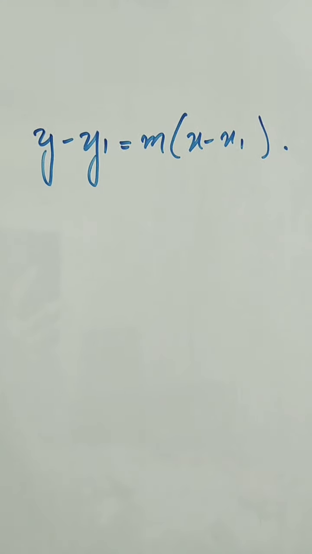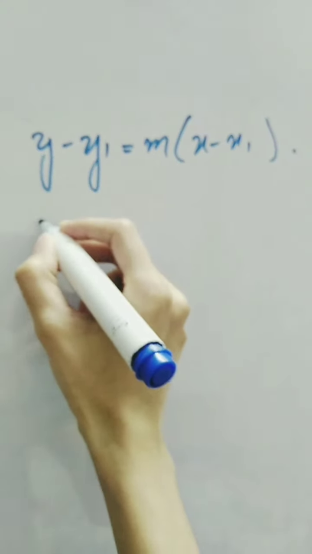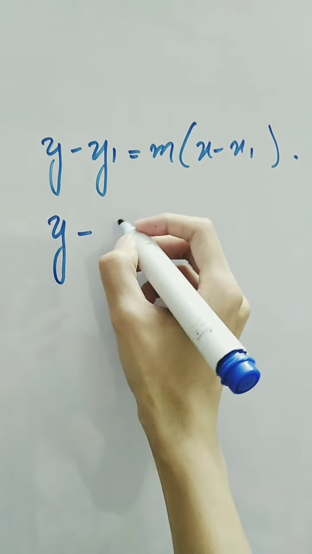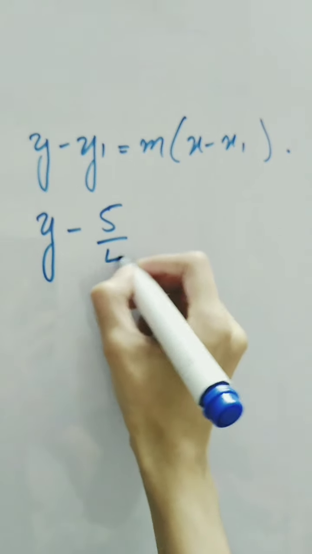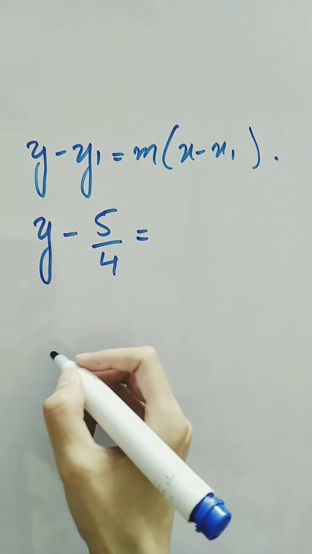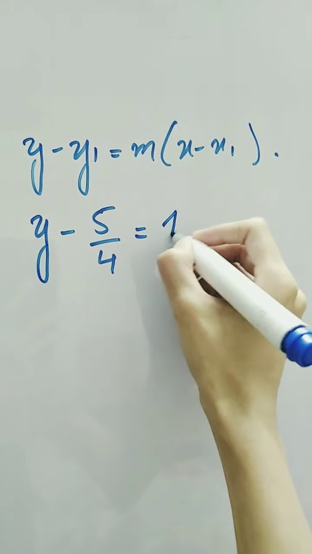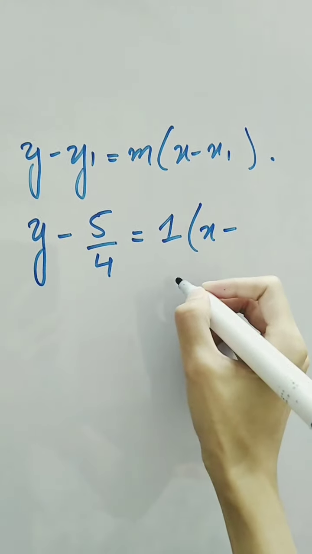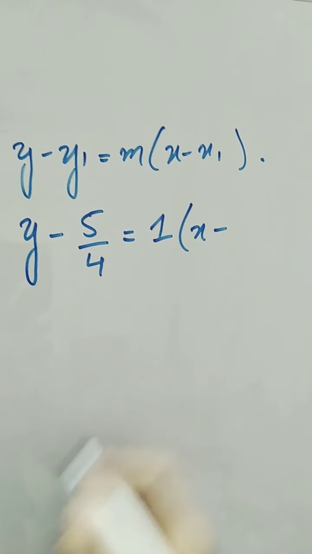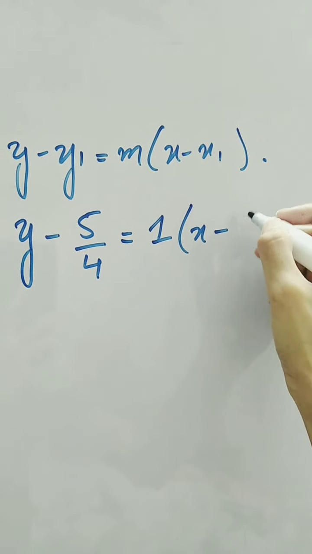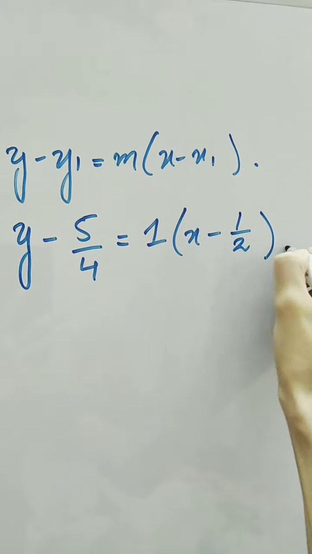We have y1 equal to 5 over 4. The gradient, which we have already calculated for the normal, is 1. And the value of x is 1 over 2.